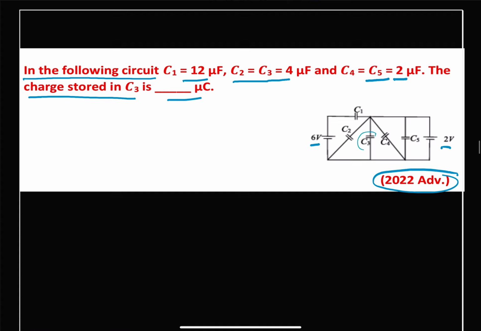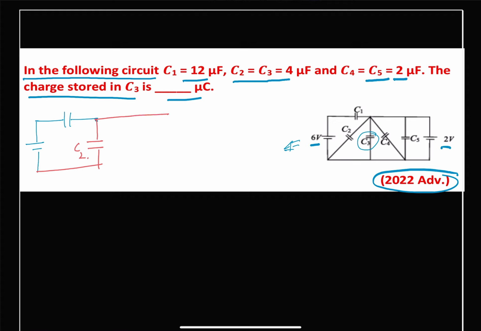So first of all, we can just simplify this given circuit, and it can be redrawn something like this. This will be our C2, and we have our C3.